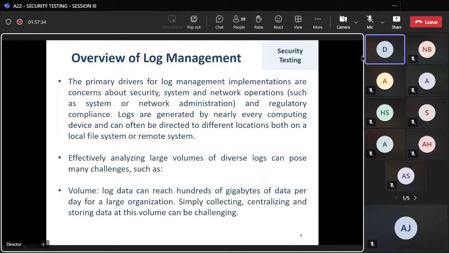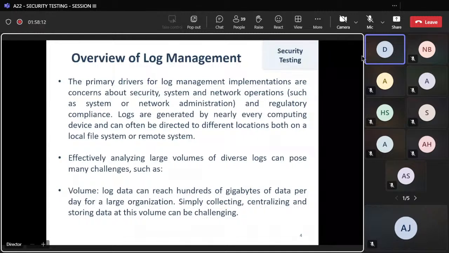Each and every computing device has the ability to generate logs, for example when a user tries to log in to the device, when applications are running, or when there are system errors. So, in order to know what's happening in a particular device, logs are generated and stored in the host. There are two options: either they can be stored locally within the file system, or they can be pushed to a remote system.